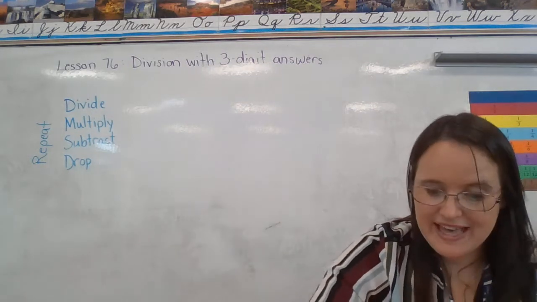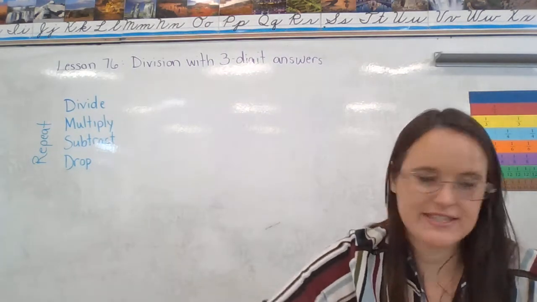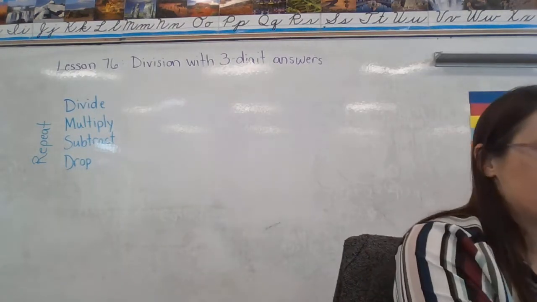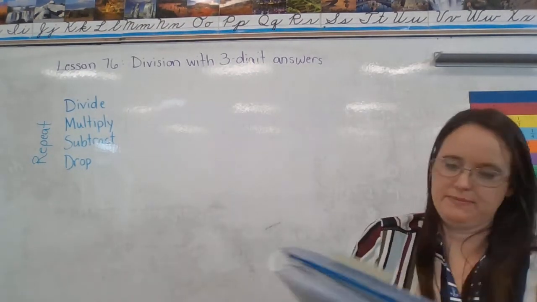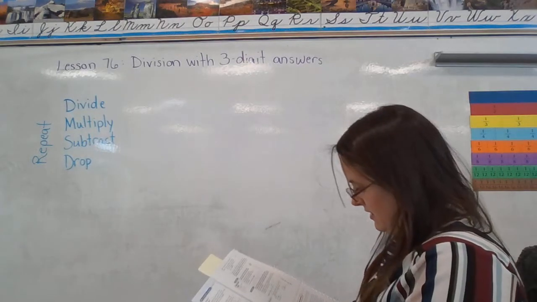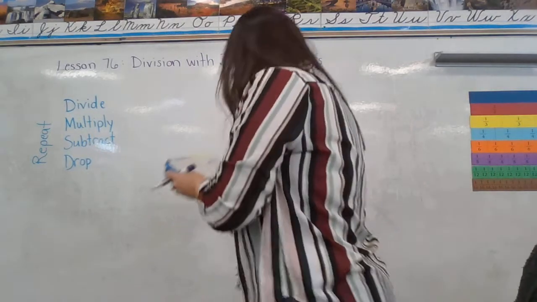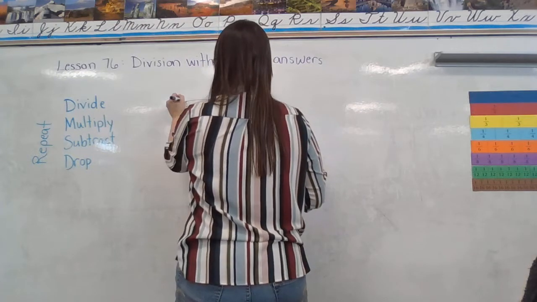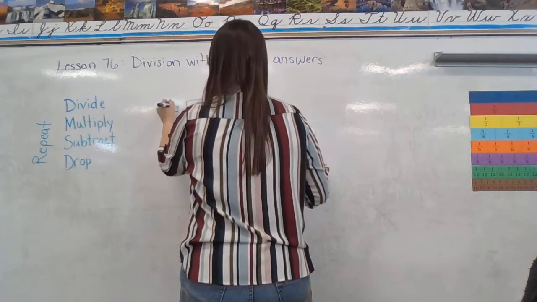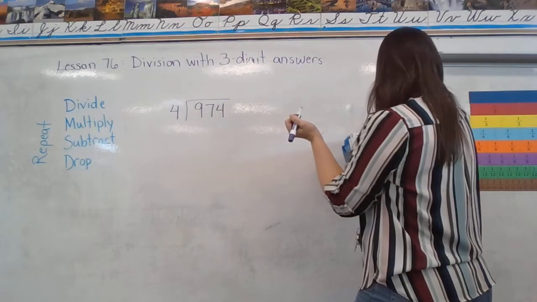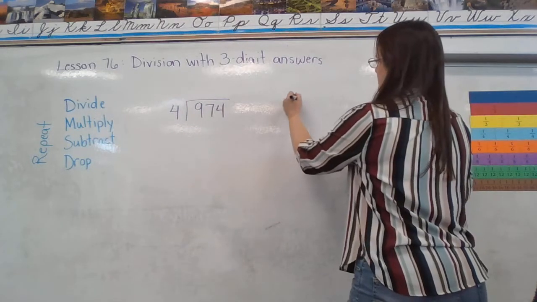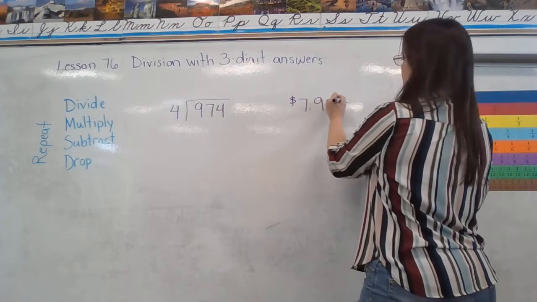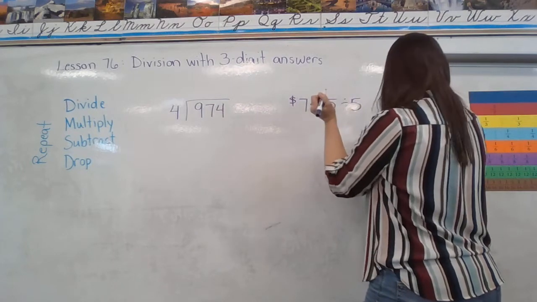All right, so that's the end of the examples. I have some lesson practice problems that I would like for you to try. Let's get those up on the board behind me. So the first problem is 974 divided by 4. Then we're going to do $7.95 divided by 5.